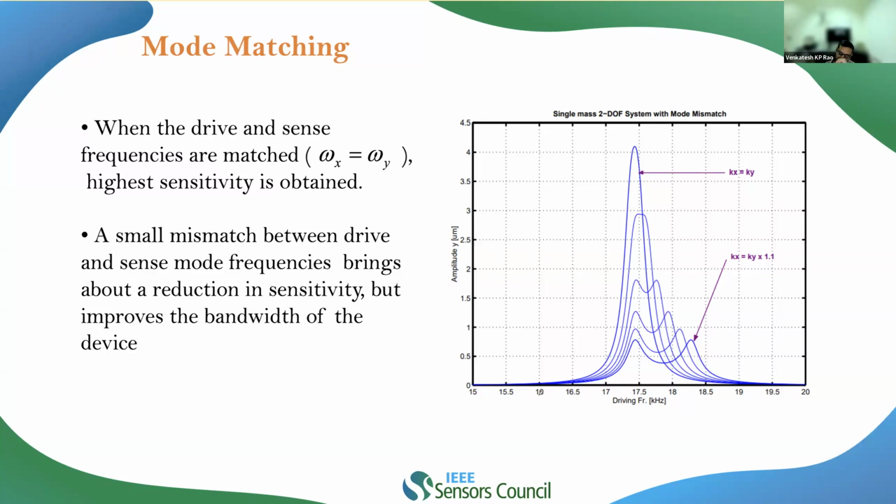But in this case, note that the bandwidth comes out to 0. Bandwidth coming to 0 means it can't measure sudden changes in the input angular rate signal. So if your application is to measure sudden changes in the input angular rate signal, then you go for a wide bandwidth. But if your application requires huge sensitivity, then you would go ahead with matching of the modes.